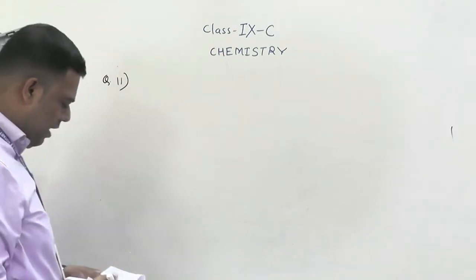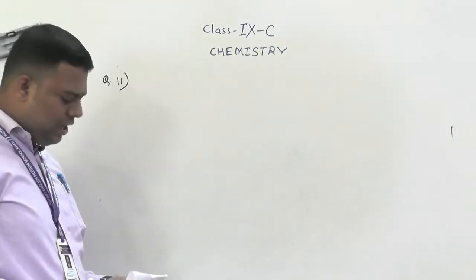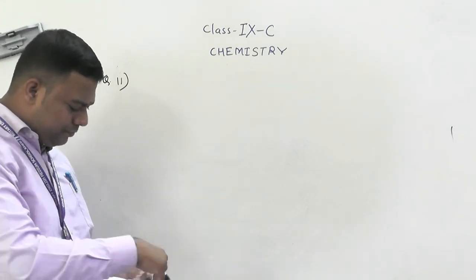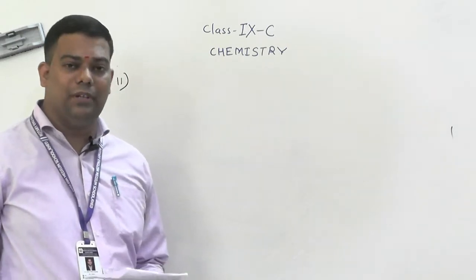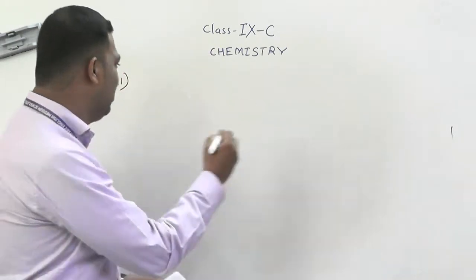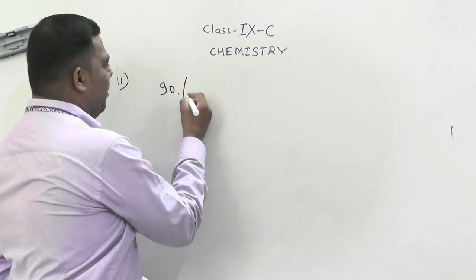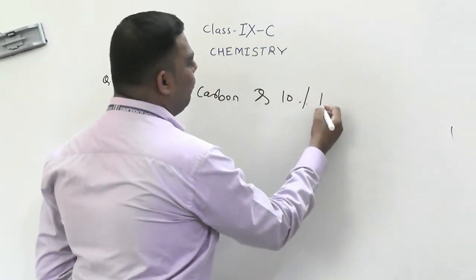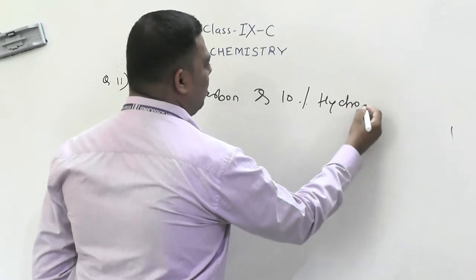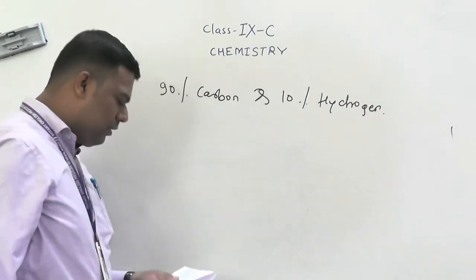Question number 11. So see here, a hydrocarbon contains 90% of carbon and 10% hydrogen. 90% carbon and 10% hydrogen.